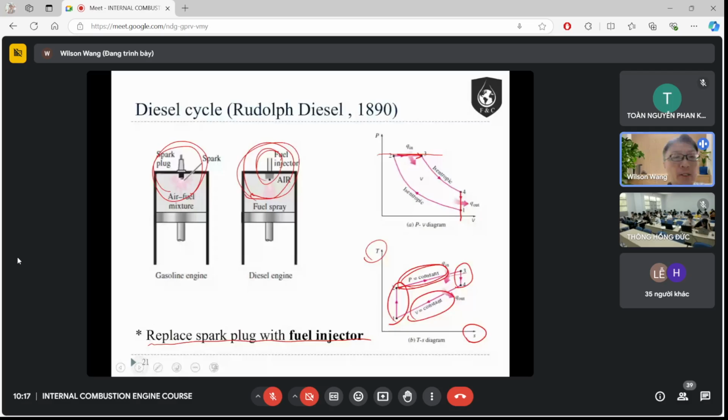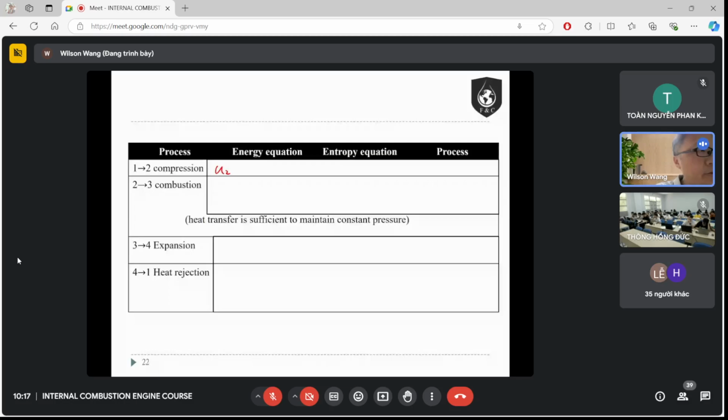So 1 to 2 is the compression process. In terms of the energy equation, U2 minus U1 is equal to minus the work from 1 to 2. Why do we have a negative?